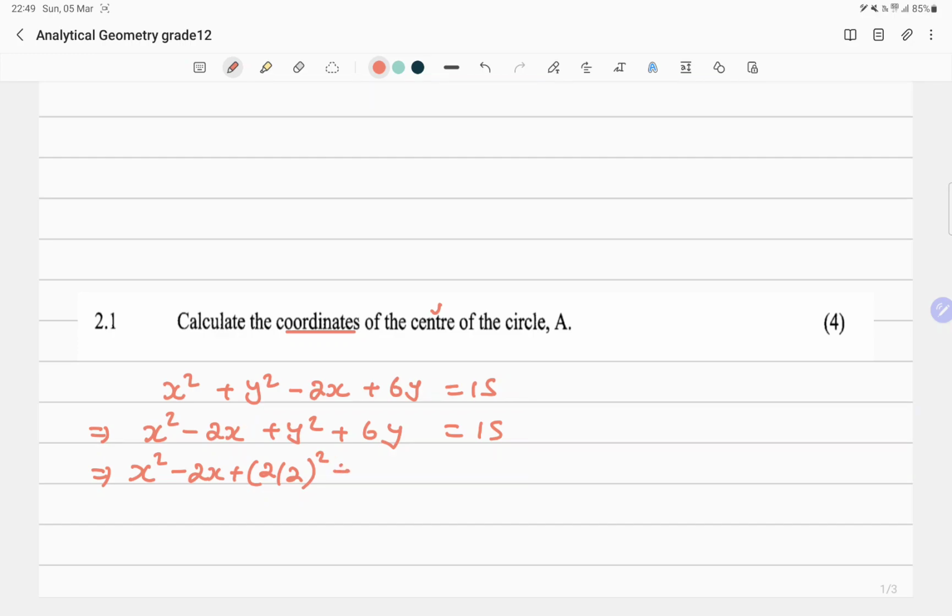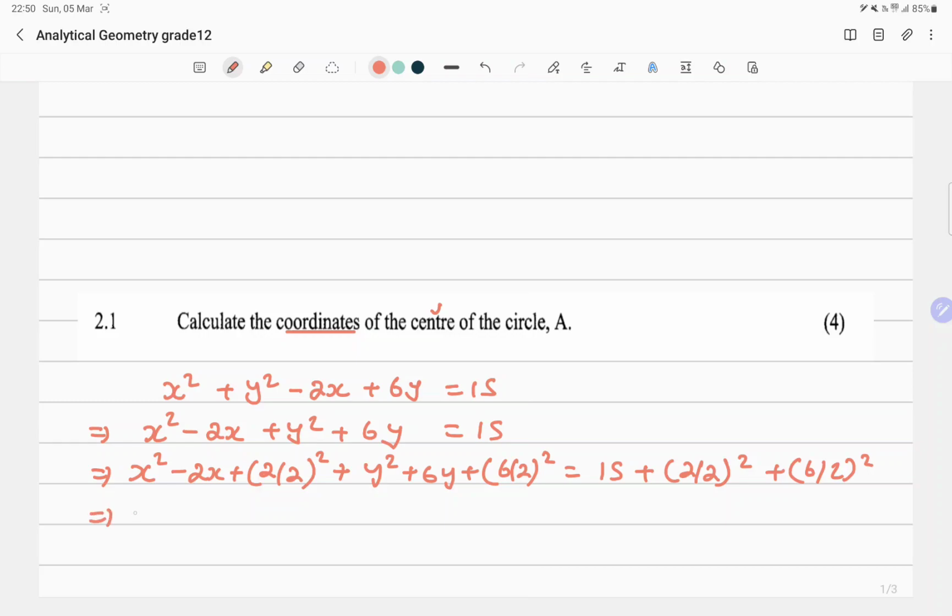Then we move to y squared plus 6y, and we add again: we half the coefficient of y and square it. It equals 15. Now, on this side, we take all the things we added and add them to the right-hand side to neutralize what we've done. This is 2 divided by 2 squared plus 6 divided by 2 squared.